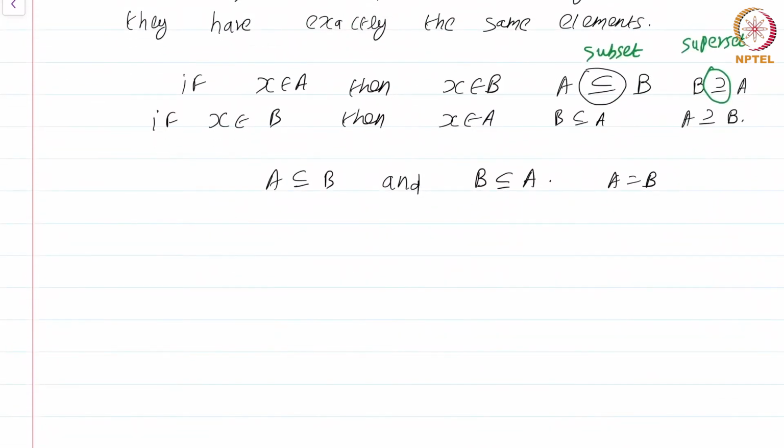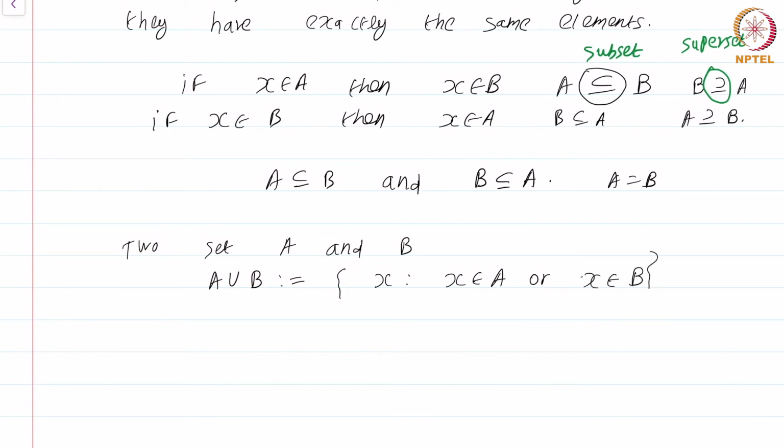Excellent. Now let's introduce some more concepts. We have unions. So if you have two sets A and B, A union B is by definition, here I'm using by definition, the set of all x such that x is in A or x is in B. Notice that we have used a slightly different notation for denoting this union.